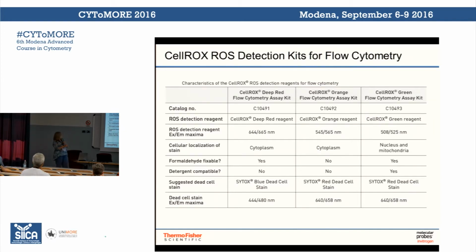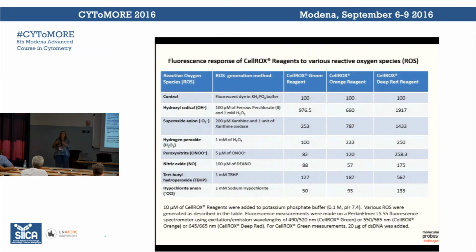Then we have CellRox Orange and CellRox Deep Red that are in the cytoplasm. So that's important to know in your design. And if you're really into ROS detection, you may want to study this chart a little bit and see which one of these is the most appropriate for your particular application, because they do have a little bit different reactivity.